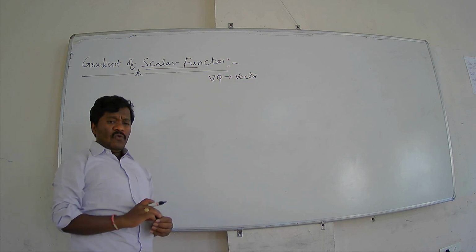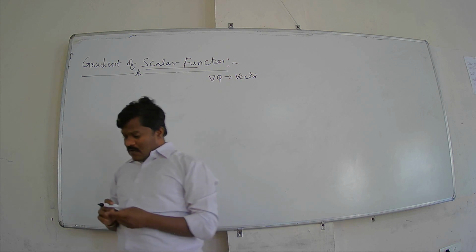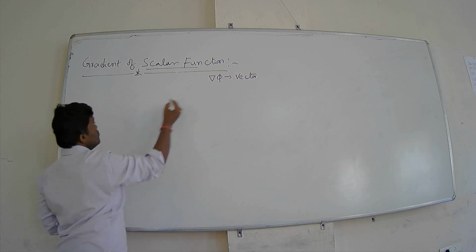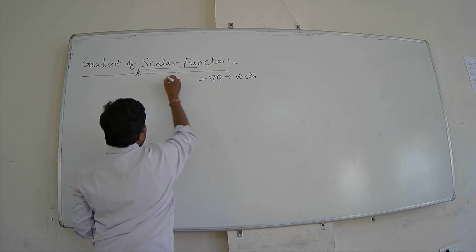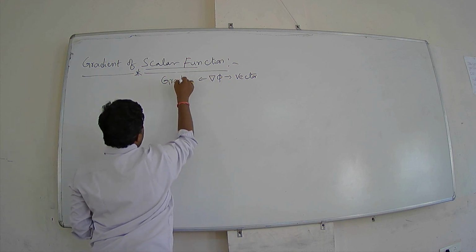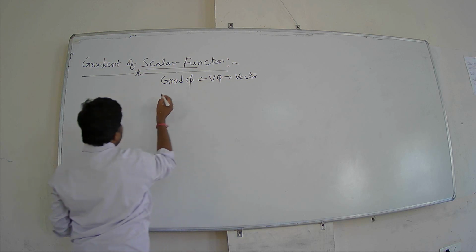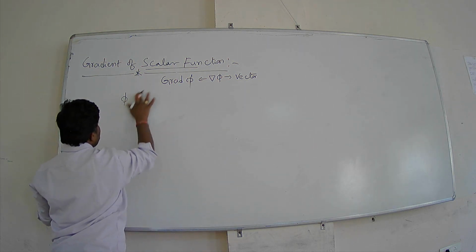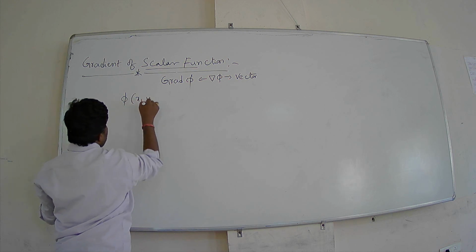So why does it come as a vector? For that, we know already this del phi, you represent it as grad phi. We know phi is a function, phi of x, y, z.